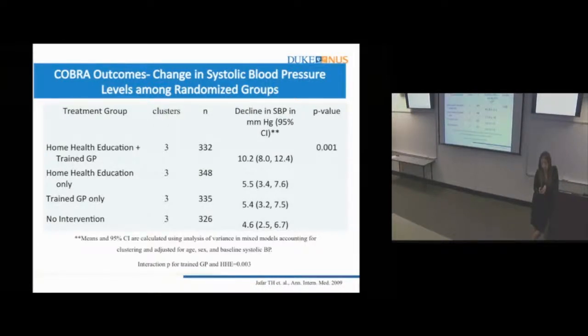And again, to answer the questions of can we better manage high blood pressure at a health systems level? Can we improve care, delivery of care? And what we tried was, and this is a cluster randomized trial, and the two interventions, a factorial design. The two strategies that we evaluated were home health education by community health workers.